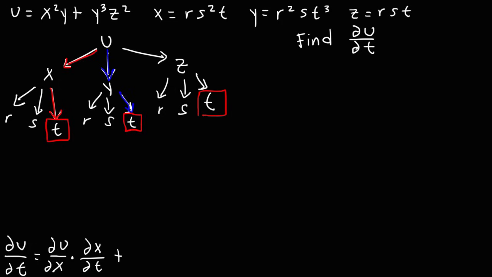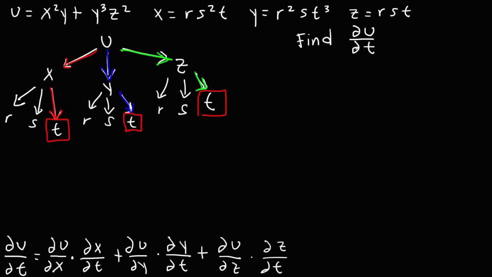So we're going to have the partial derivative of u with respect to y times the partial derivative of y with respect to t. And finally, for the last one, this is going to be the partial derivative of u with respect to z times the partial derivative of z with respect to t. So that's the formula that we need to use.